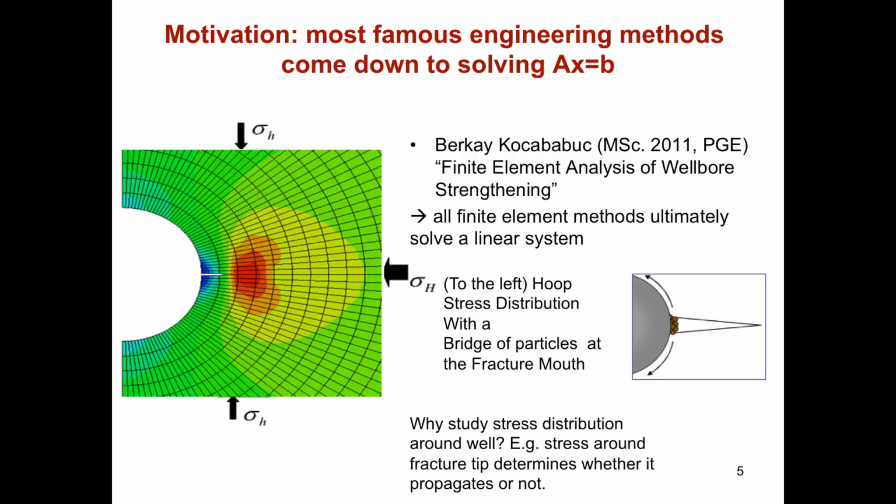It can collapse your wellbore. Here, the smaller push from the sides is sigma h with a smaller h, and the maximal push from the side is the other sigma H. They're orthogonal.